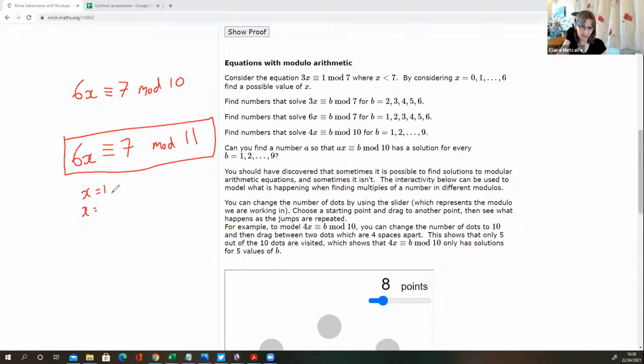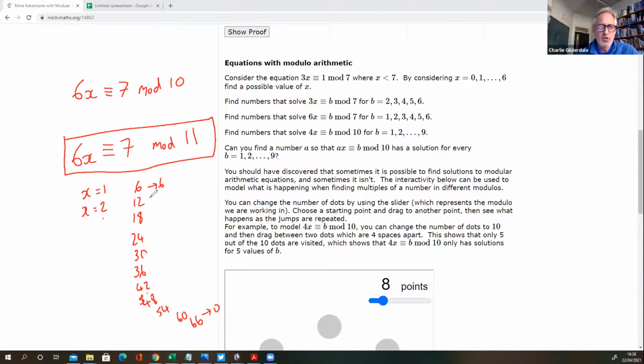What value of x gives 6x equals 40? I think there's just going to be one solution in this case, Claire.